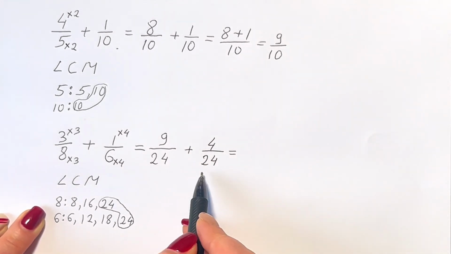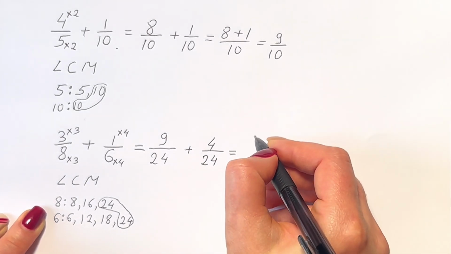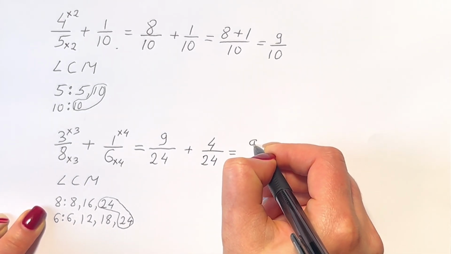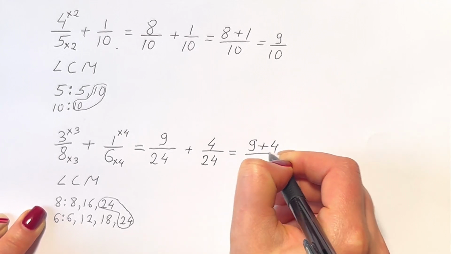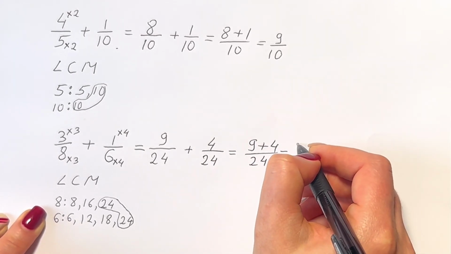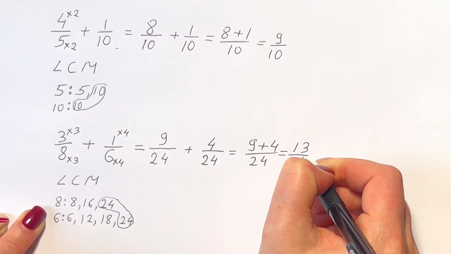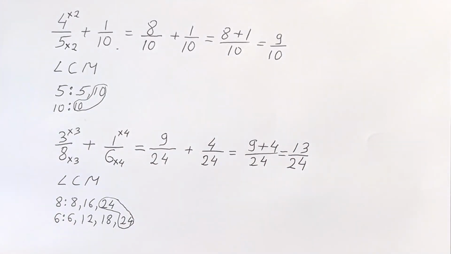Now the denominator is the same. I'm just going to combine the numerators. 9 plus 4 over 24. 9 plus 4 is 13. 13 over 24.